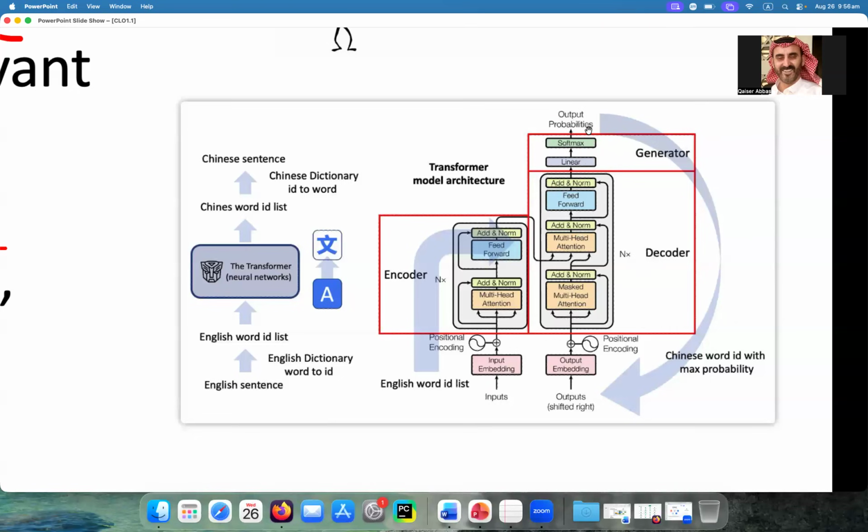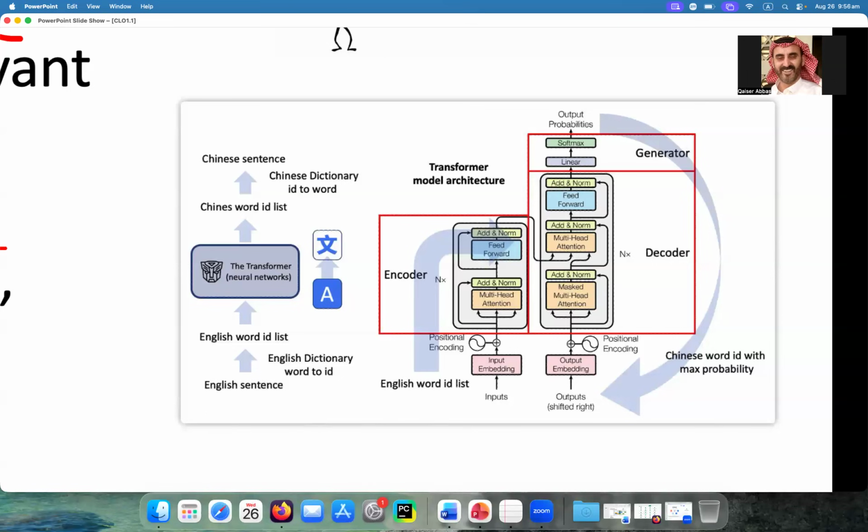Those numbers would be probabilities. And here you will get some sentence in Chinese that would be the most probable translation of your English sentence.